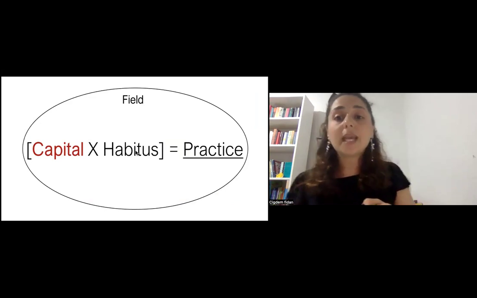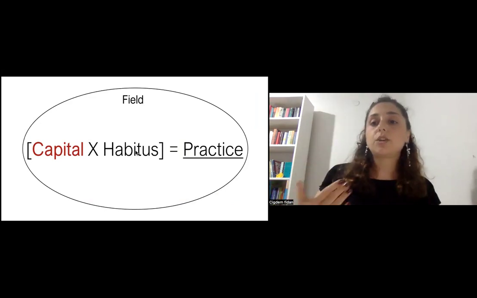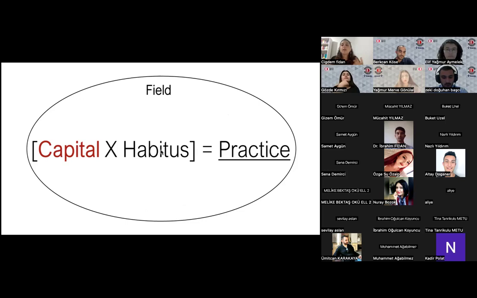For example, in my case, thanks to my knowledge of English, I gained economic capital, right? I gained a job, both in Turkey and in other countries. And it also changed my habitus. Now, because of my social capital, I can communicate with other individuals, respecting their cultural diversity and linguistic diversity, and in the field of education it influenced my practice.